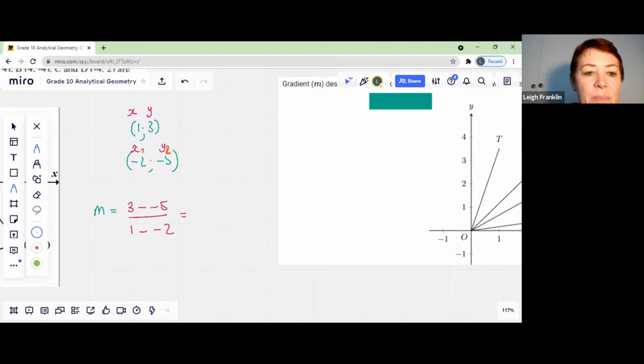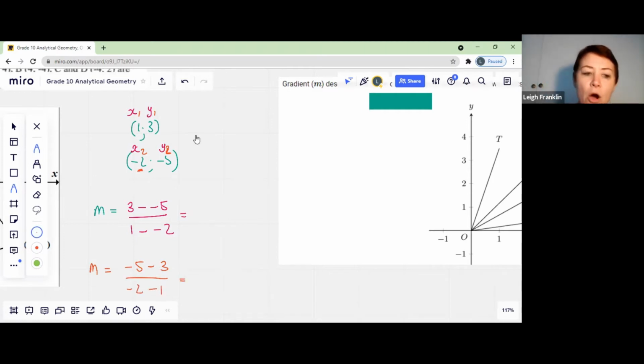Then that means this must be x2, which means this must be y1, which means that must be x1. So now I'm going to do this, Nzole. I'm going to start with -5, and now I need to subtract 3. Then I'm going to start again over here with -2, and I need to subtract 1.